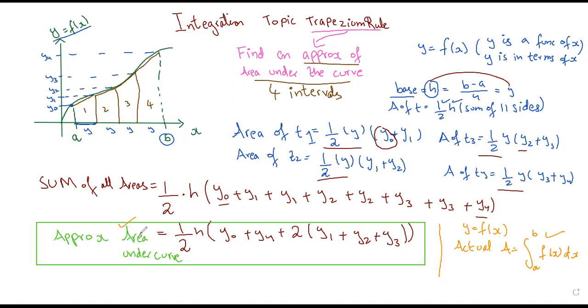If the approximated area is greater than the actual area, then it is going to be an overestimate. Overestimate would be when the approximation is greater than the actual area, and it would be an underestimate if your approximation is less than your actual area. Do you understand it now? Perfect. Very good.